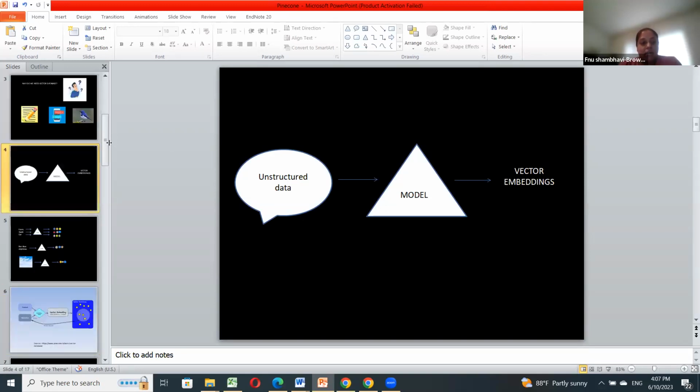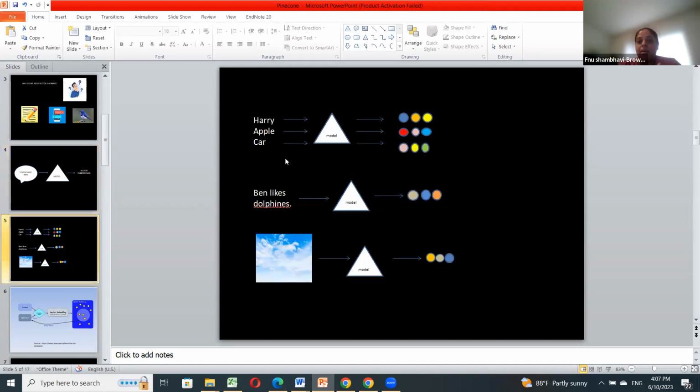It converts data into vector embeddings using a machine learning model, which converts it into numbers. For example, it can convert anything into numbers, like a person's name, an object, or any data you feed, like a word, a sentence, or an image.